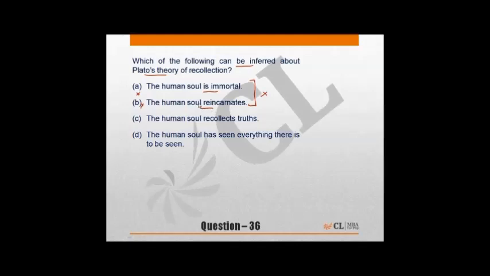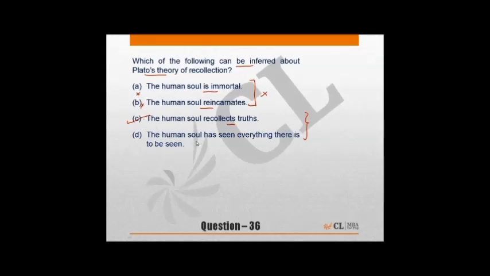The only thing it says is that the human soul recollects. There is a recollection. Now, I got confused between choice C and D. I did not mark the answer because I was not sure whether it is C or D. I was a little biased towards C, but in English, in VA, my standard rule is when in doubt, leave the question. I will not take chances, because that is the surest way of reducing your score in English. So the human soul recollects the truth is the correct answer, but in the paper I did not mark it.